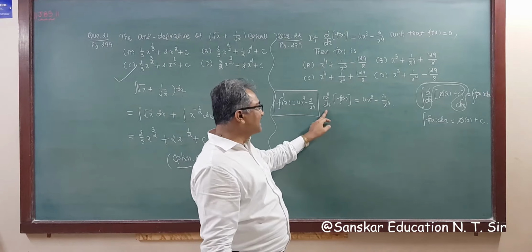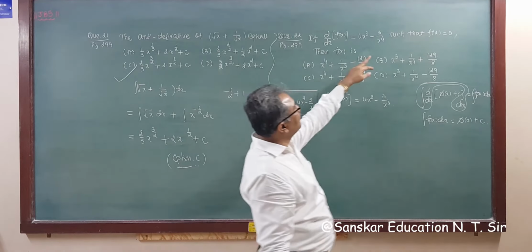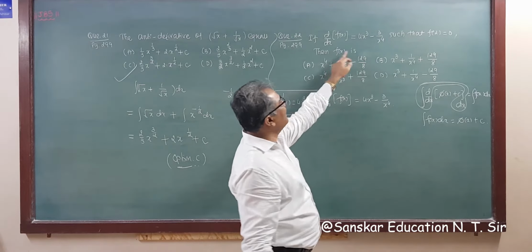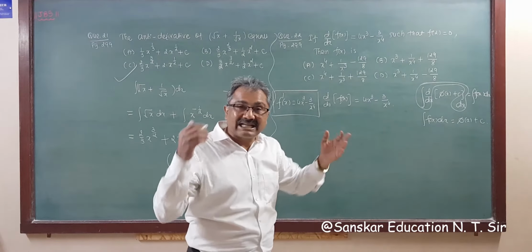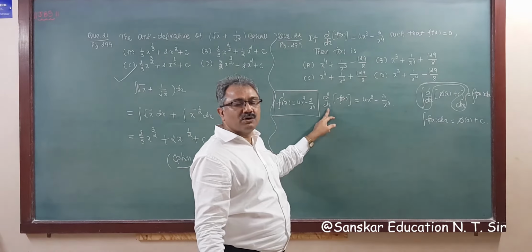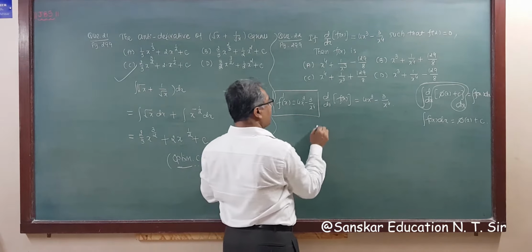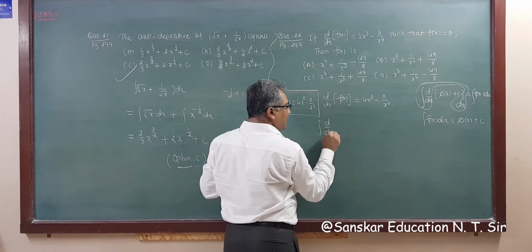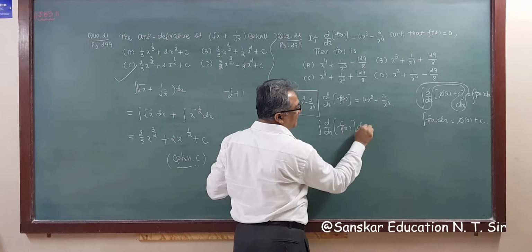So here it is given d dx of fx and we want fx. To remove the d dx, how do we get that? By integrating both sides. So this d by dx of fx with respect to x, we are integrating.